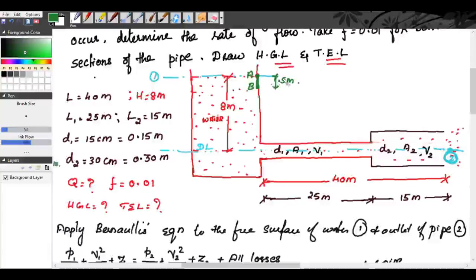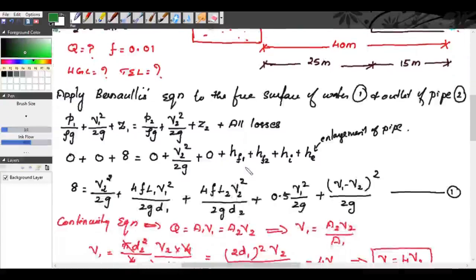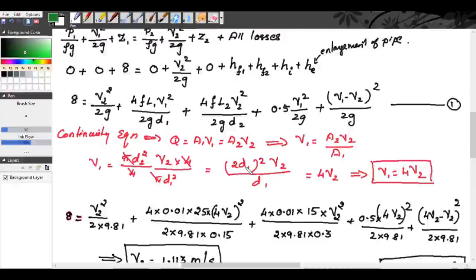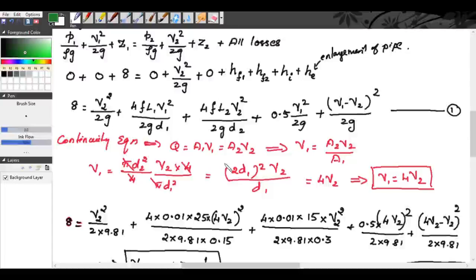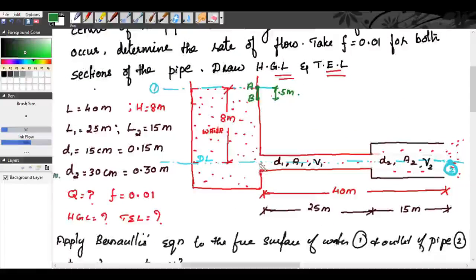Now, see, from this point to this point, along the pipe L1, along the first pipe, there is a frictional loss, that is HF1.